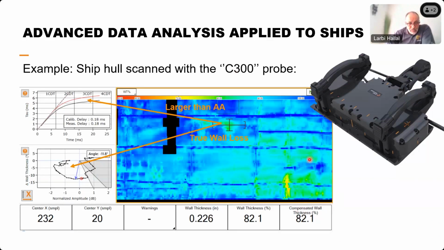For example, at the bottom right, we have an interesting area with what we can expect to be heavy corrosion, maybe 30, maybe 40% of wall loss. And here we also have an isolated spot surrounded more or less by nominal wall thickness. Nominal wall thickness is displayed in blue on the C-scan.